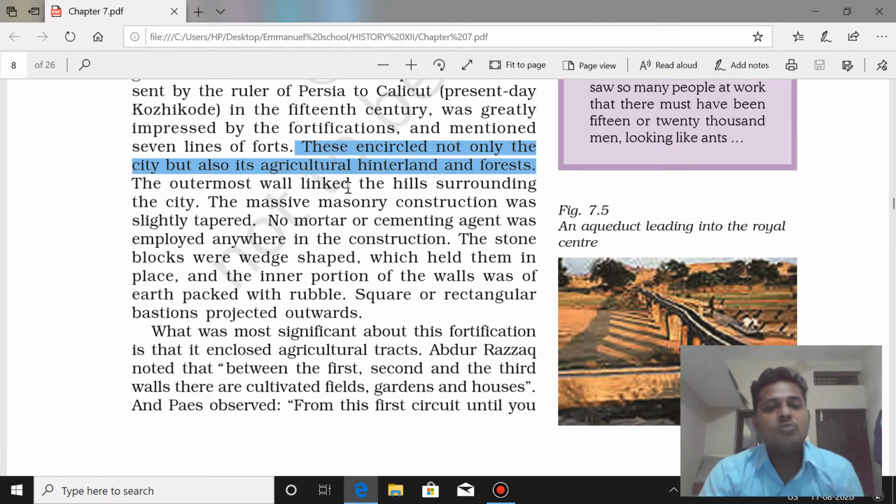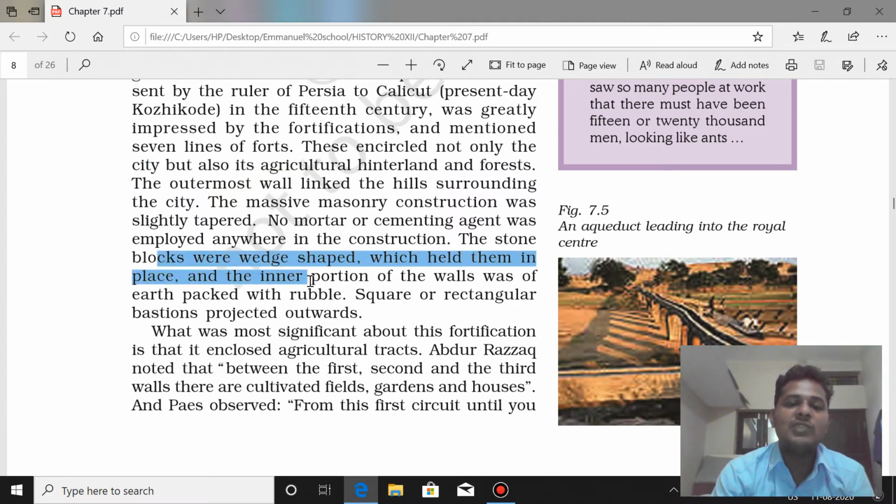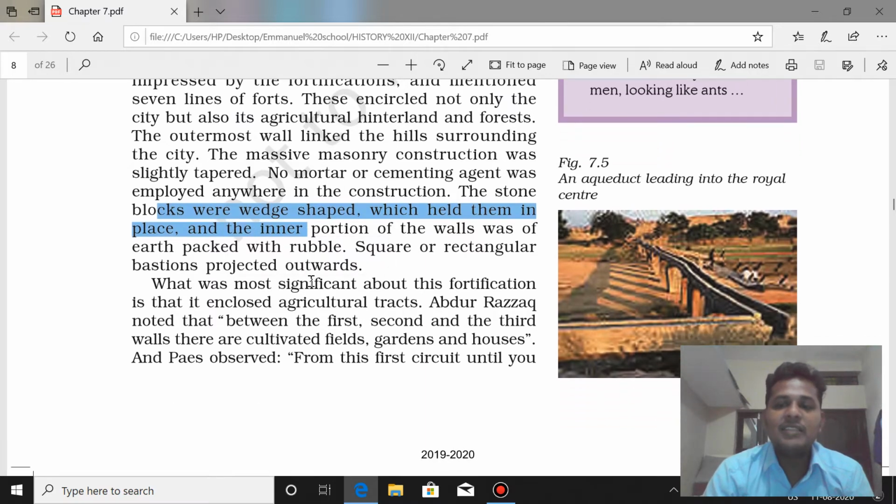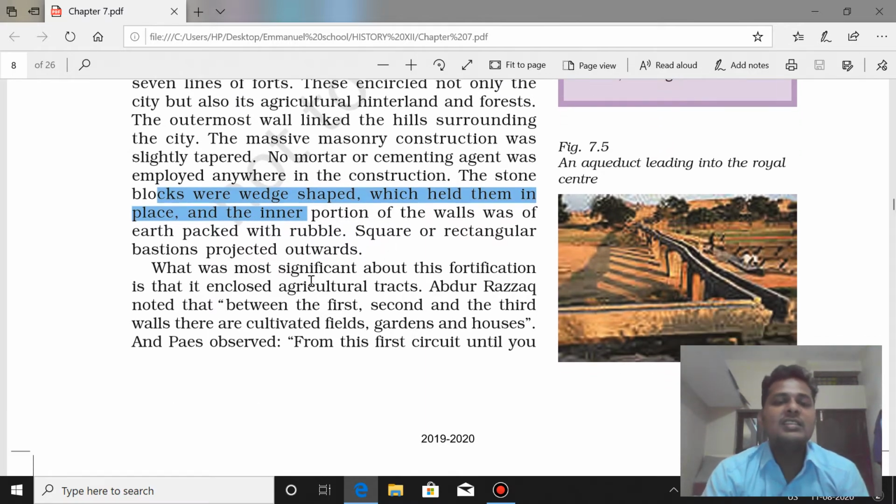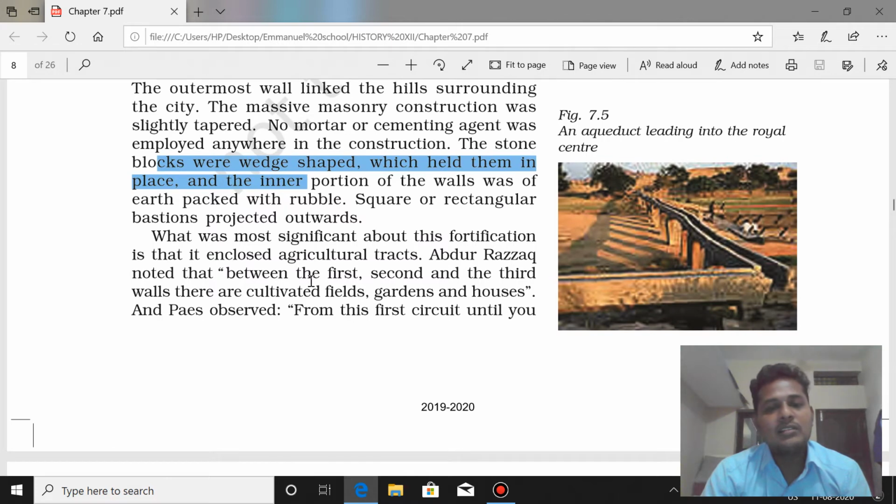The outermost wall linked the hills. The outermost wall जो है वो हिल को जाके लिंक करता है surrounding the city. The massive masonry construction was slightly tapered and no mortar or cement agent was employed. All the walls were not built with cement or anything, only stone blocks, and that made him surprised.